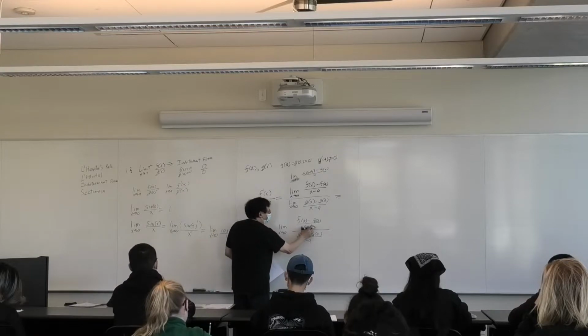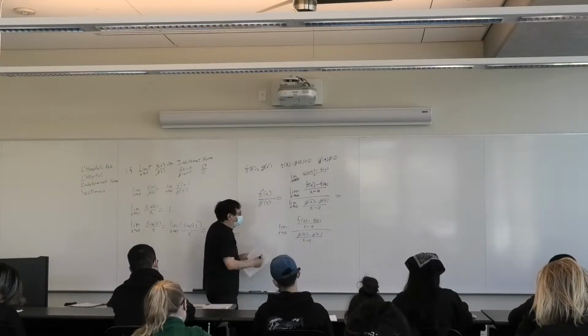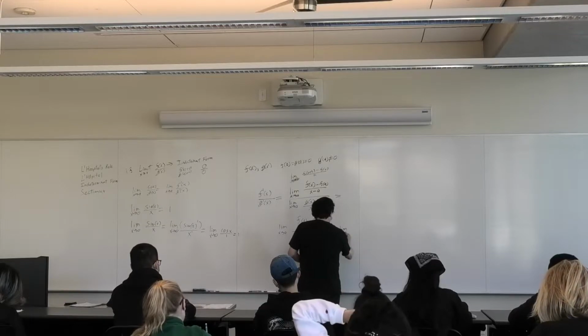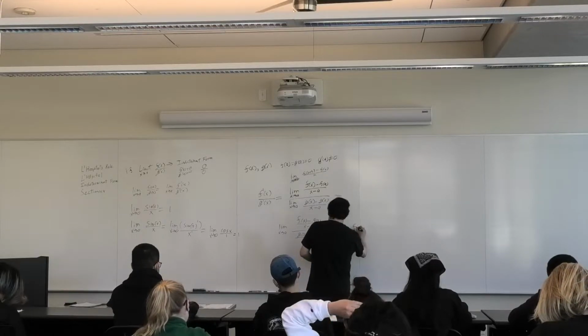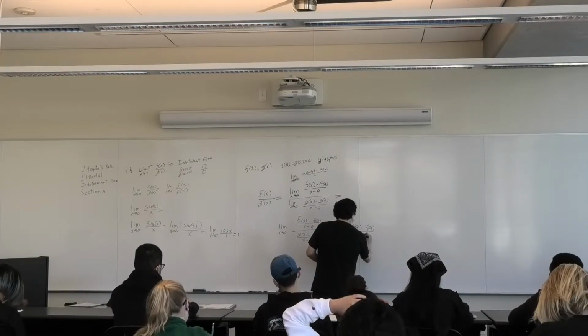But everywhere except at a, we can remove this. And since we're interested in the limit, it's fine. So this is just the limit as x approaches a of f of x minus f of a over g of x minus g of a.